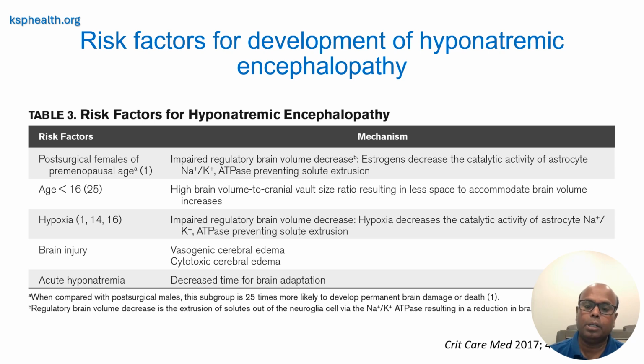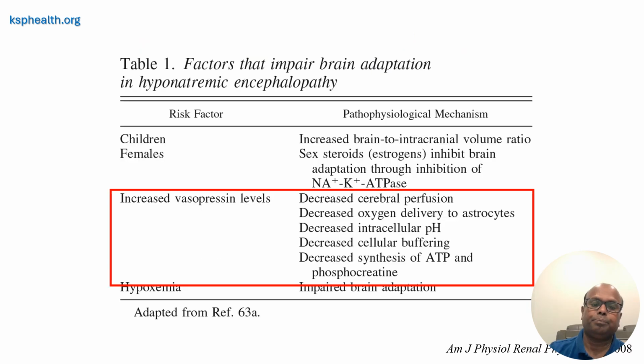On top of it, hyponatremia further impairs the adaptation. And fifth, acute hyponatremia, the rapidity of the hyponatremia, so there is no time for the brain to adapt. So these are all the factors that cause hyponatremic encephalopathy in both adults and children.